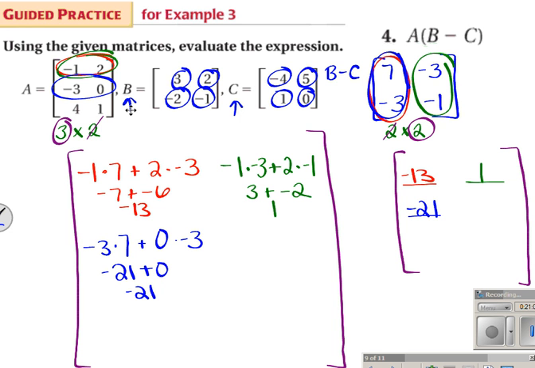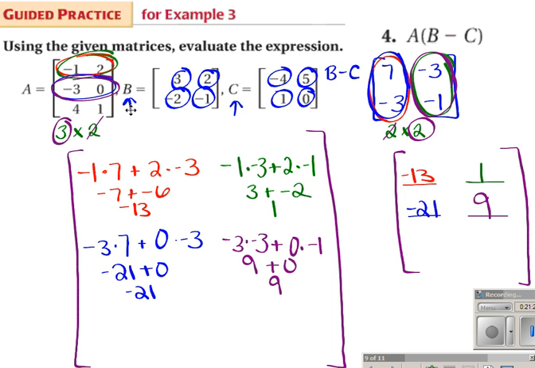Next position is row 2, column 2. Row 2 times column 2. So we get negative 3 times negative 3 plus 0 times negative 1, which is positive 9 plus 0, which is positive 9.